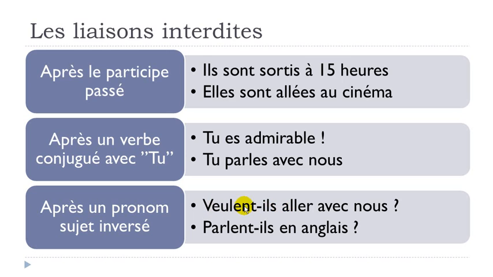Veulent-ils aller avec nous? Exactly the same thing here. Parle-t-il en anglais? So no liaison after your pronoun, just because the structure is like that. First you have your verb, then your pronoun, then you don't make a liaison.